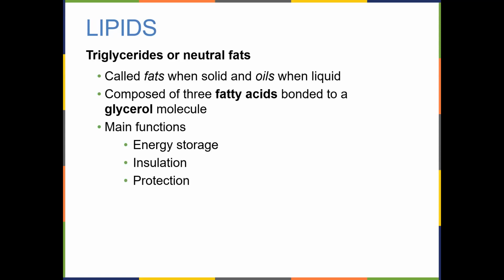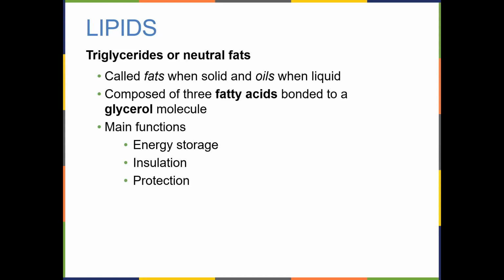There are oils when they're liquid at room temperature, things like corn oil and olive oil, canola oil, sunflower oil. All these vegetable oils are liquids at room temperature, and they're all made the same way. They have 3 chains of fatty acids, which are long molecules of carbons and hydrogens and oxygens, about 20 to 30 carbons long.